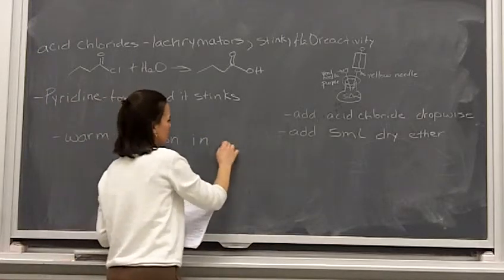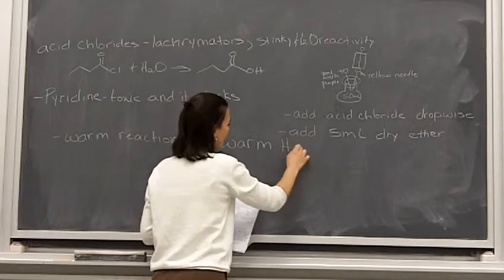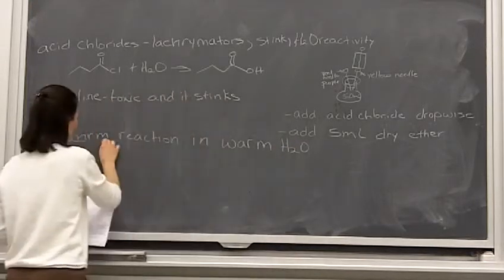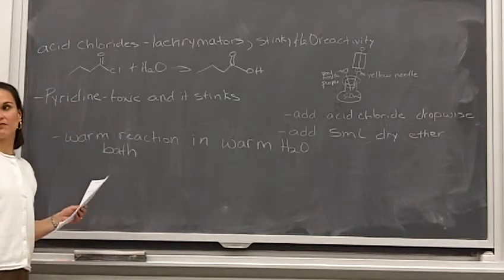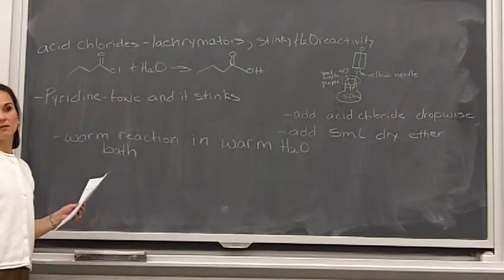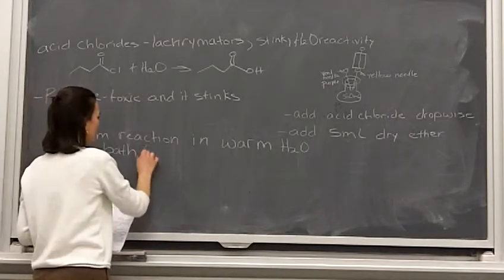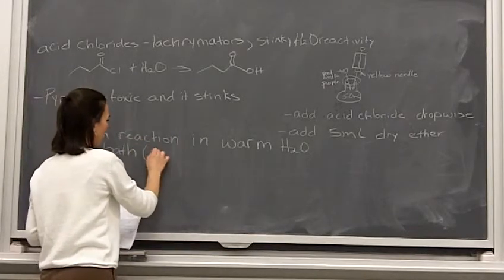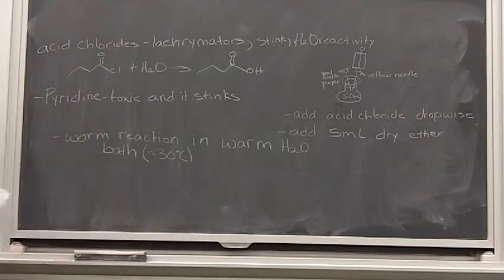For about 15 minutes. Now when we're talking warm, not hot, okay? Because remember, we've got ether in there, which, what's the boiling point of ether? 34, 35, right? Not very hot, okay? So you want this warm water bath 30 degrees or so. You don't want to be distilling any ether out.